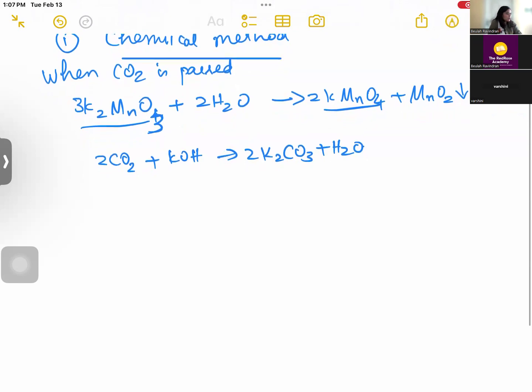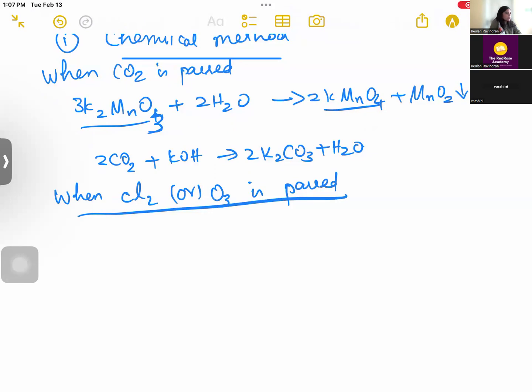Okay. When chlorine or ozone is passed, then what happens? Parallelly check the balanced elements in the reaction. So 2K2MnO4 plus Cl2 gives 2KMnO4 plus 2KCl.